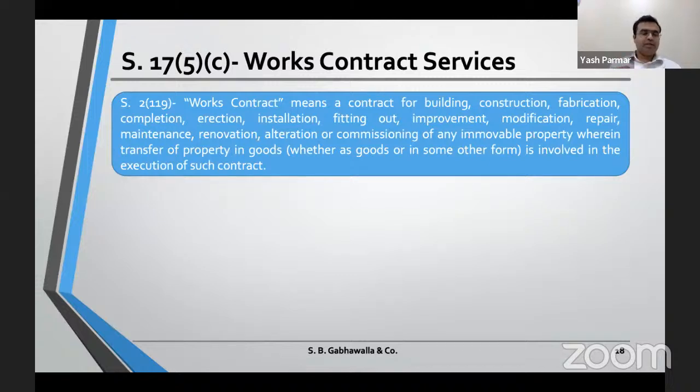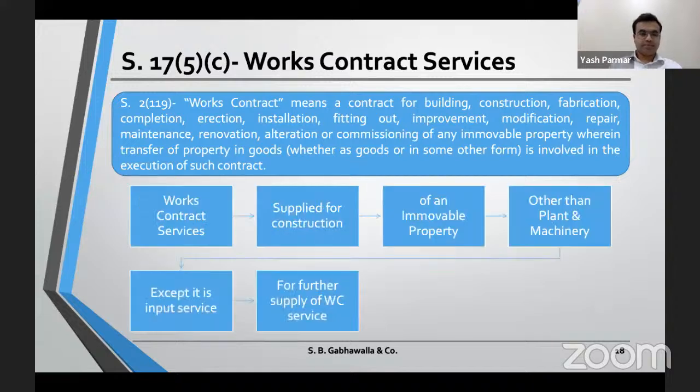Now with this background of the definition of works contract service, we will see how this clause C is worded. It says that if any works contract service is supplied for construction of an immovable property other than plant and machinery, except it is input service for further supply of such works contract service.